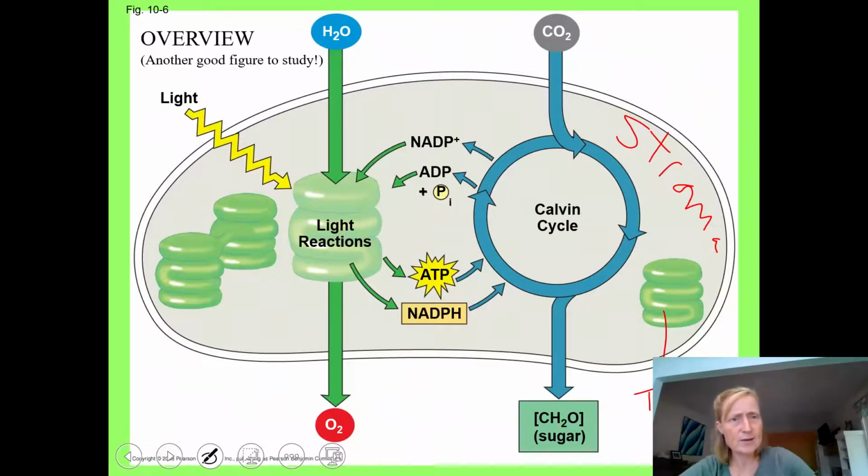It looks like in the light reactions, light energy, that's what that yellow arrow must mean, is being used, and water is being used. And here's what we're making. We're making ATP, something called NADPH. That looks a lot like NADH. I wonder if it's an electron carrier, like NADH is. It is. Okay. And we're making some byproduct oxygen. That's our byproduct there, right?